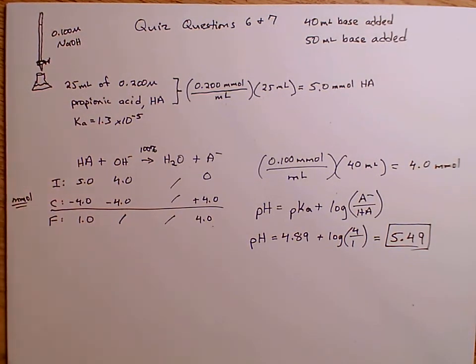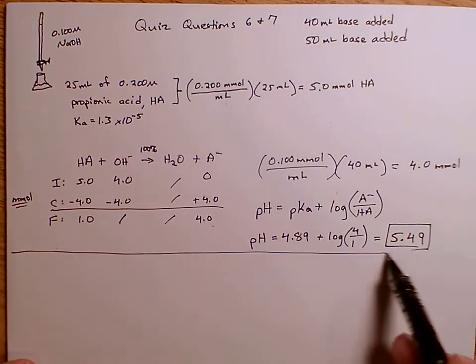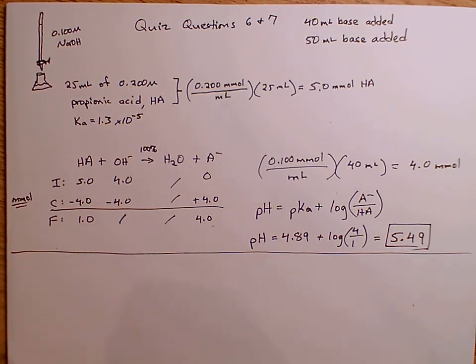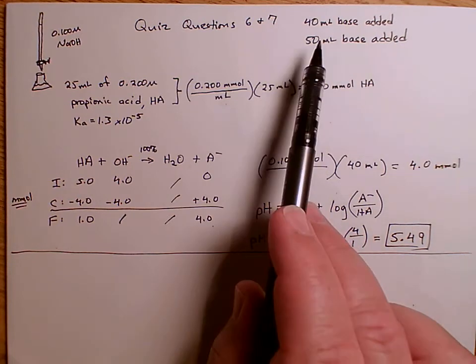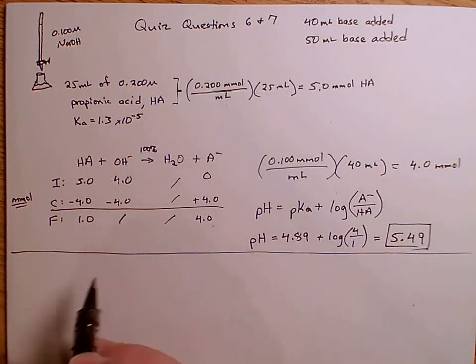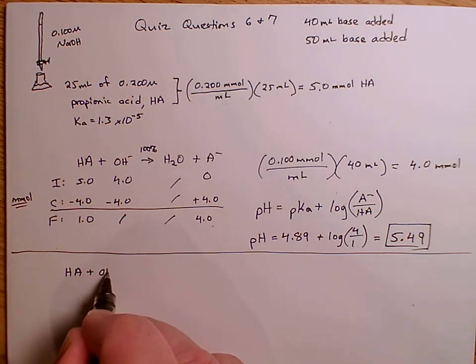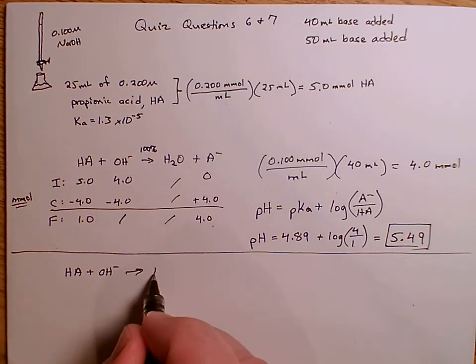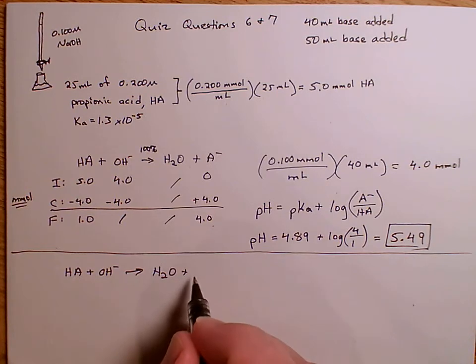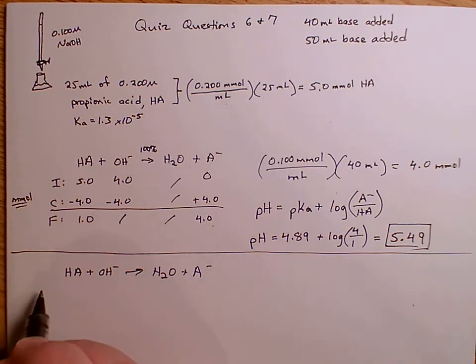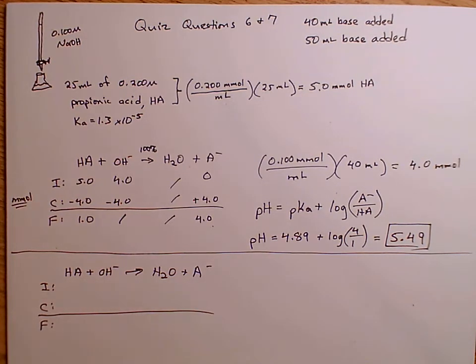All right, question 7, a little bit more involved because now I'm adding 50 milliliters of my base. But I start with this ICF type table here, HA plus OH minus going to H2O plus A minus, because here's my reaction that goes 100%. Initial, change, final. And recall my initial amount of HA is still the same, 5.0 millimoles.